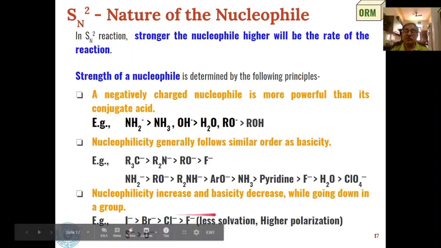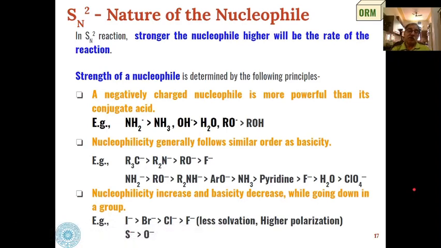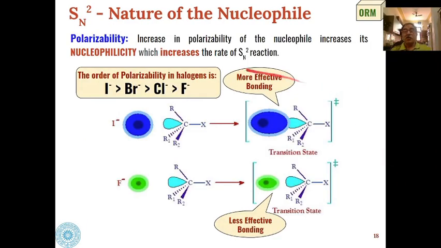And similarly, sulfide ion will be more nucleophilic than oxide. The order of polarizability of halogens is that iodide is more polarizable than bromide, than chloride, than fluoride.